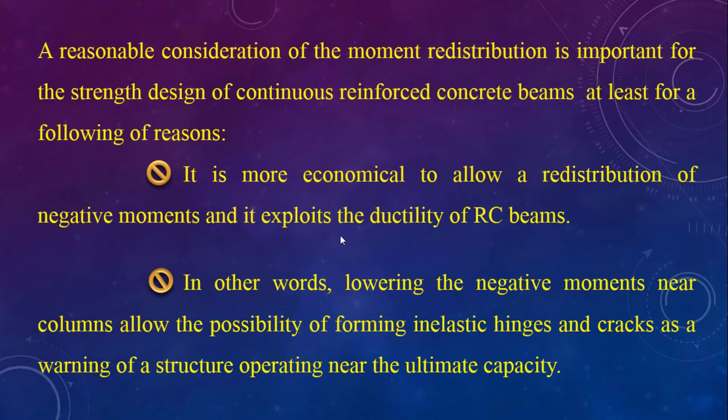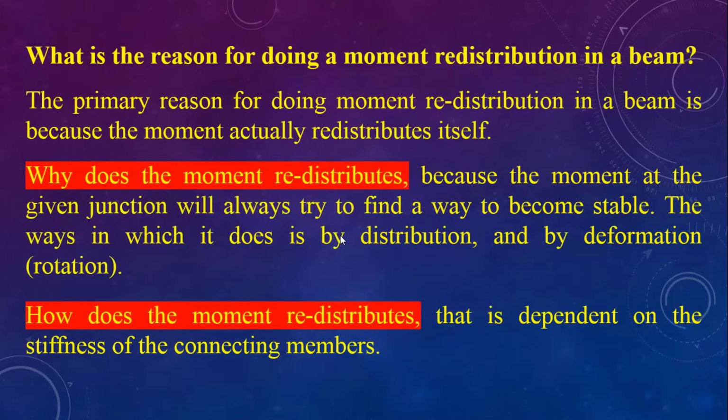In other words, lowering the negative moments near columns allows a possibility of forming inelastic hinges and cracks as a warning of structures operating near the ultimate capacity. And why? Because the moment at a given junction will always try to find a way to become stable. And how? It depends upon the stiffness of the connecting members. So I hope you understood these basics, and until we understand the basics, we are not supposed to start the numerical. Now we'll begin with the numerical.